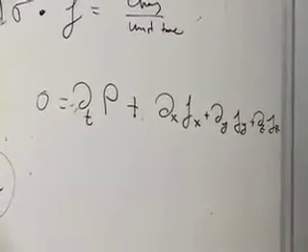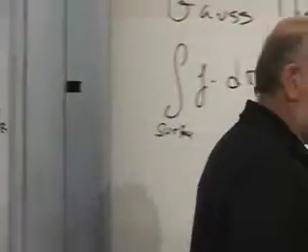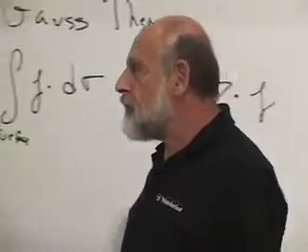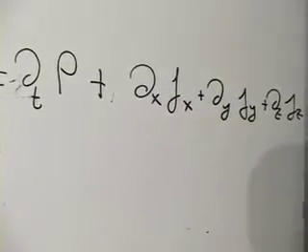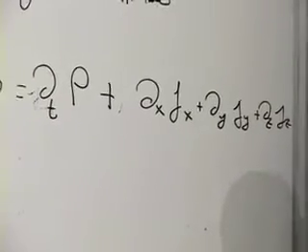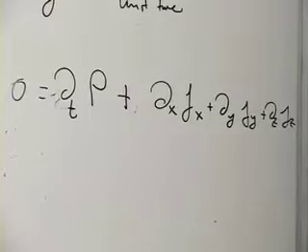Now, if this is to be true in every frame of reference, and I didn't specify anything about any particular frame of reference when I told you this little story, it better have the form of some invariant equation. And it's not hard to imagine how you make an invariant equation out of this.